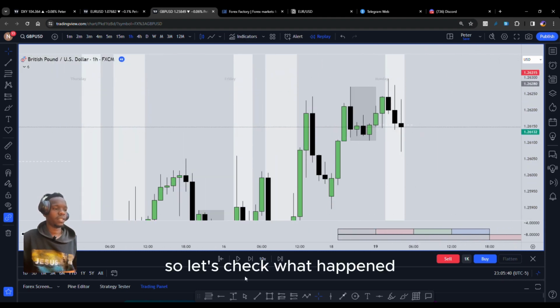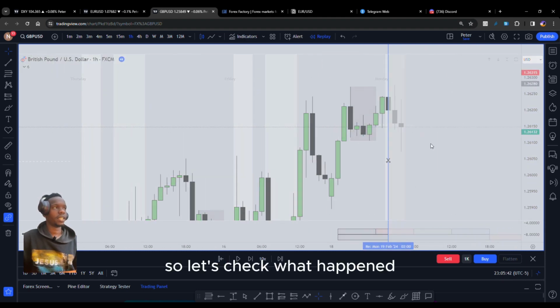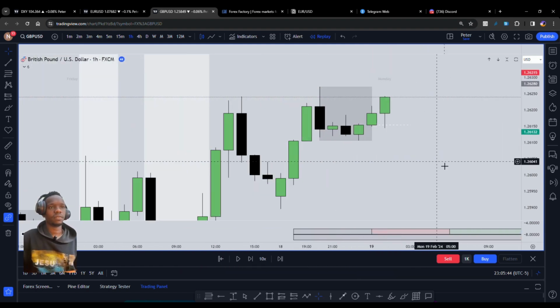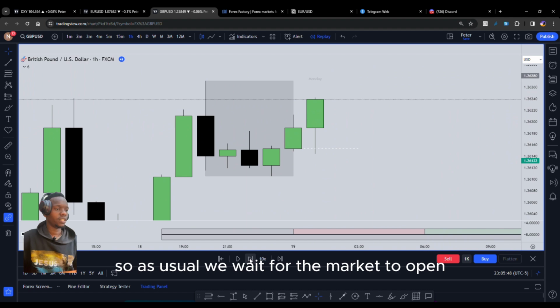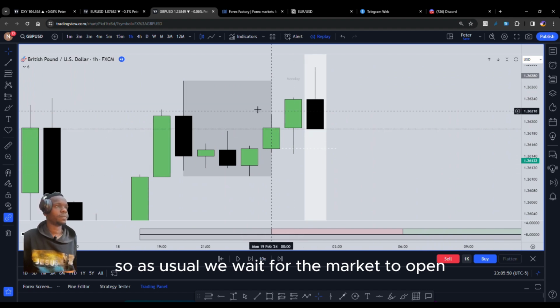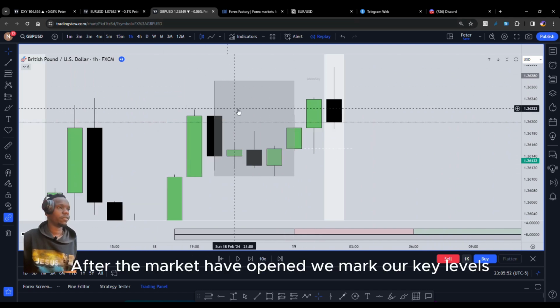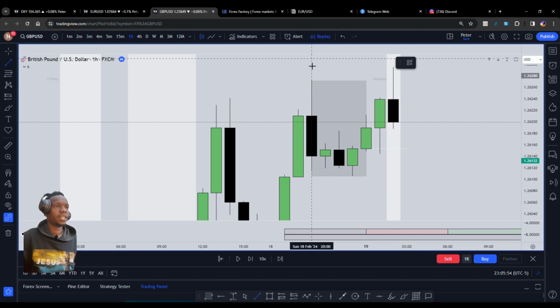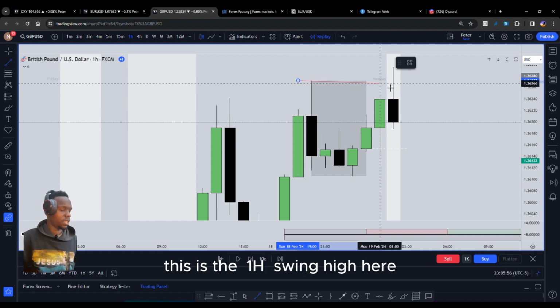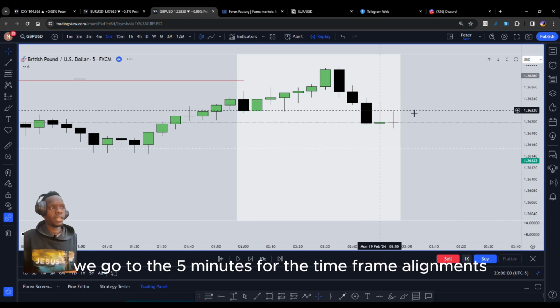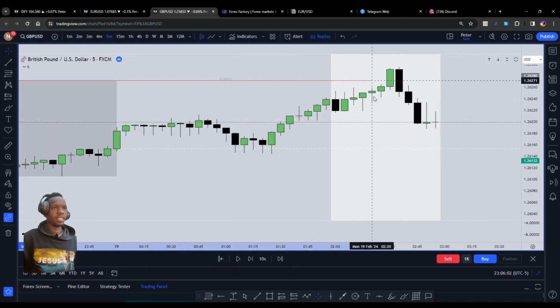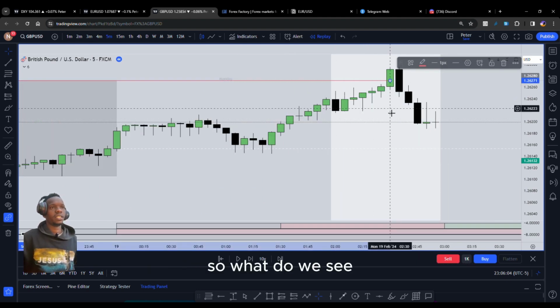So let us also check what happened on GBPUSD. So as usual, we wait for the market to open. For the market have opened, we mark our key levels. This 1 hour swing high here. Go to the 5 minutes for the time frame alignments. So what do we see?